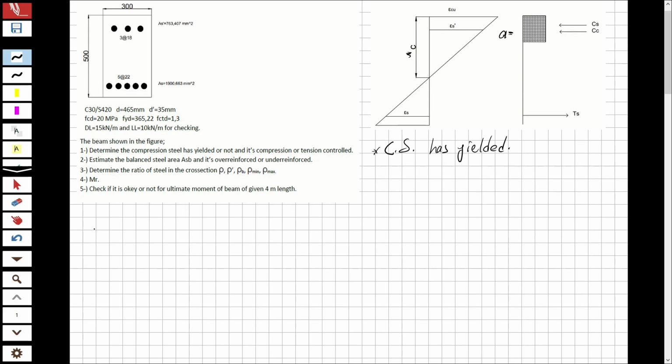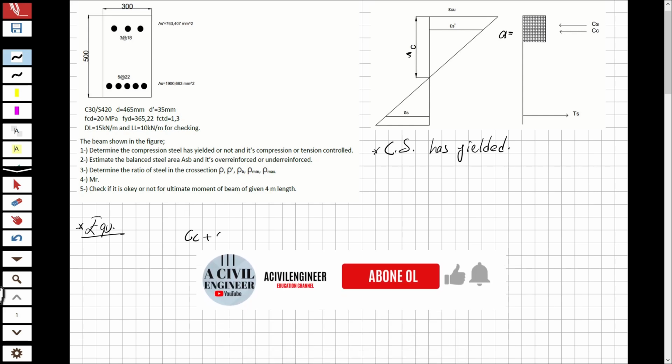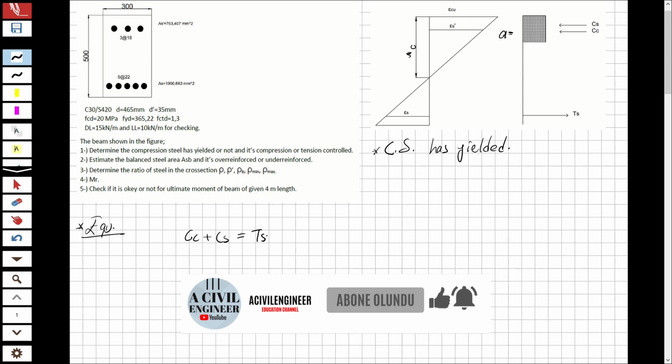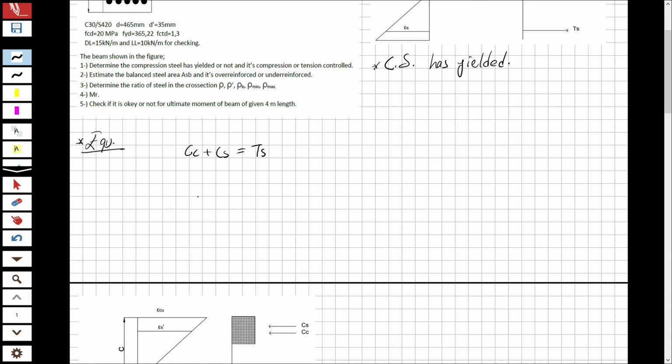I'm going to write the equilibrium like this: CC plus CS equal to TS. Due to this equilibrium, I'm going to obtain a C value.